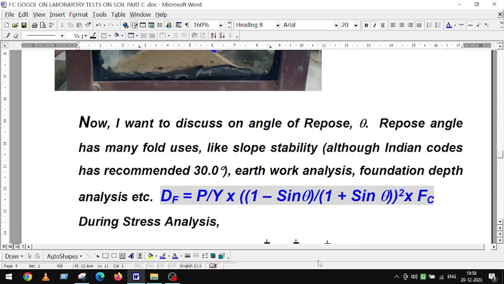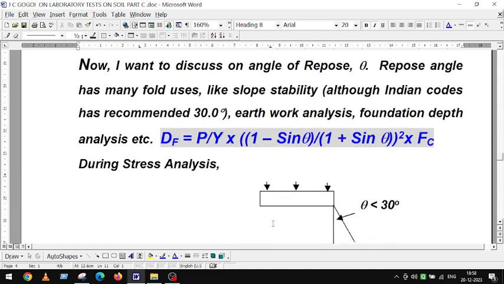This foundation depth analysis was introduced by Rankine. It is known as earth pressure theory.